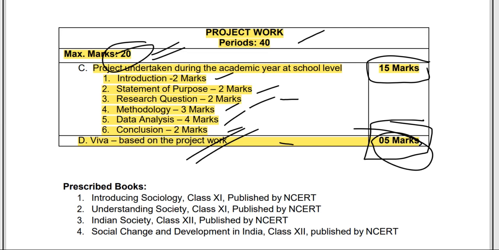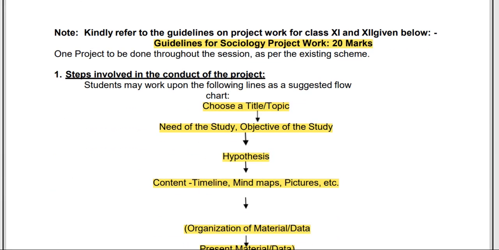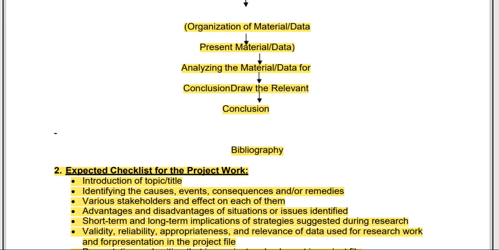Okay, so moving forward, scrolling this PDF down, here we have the guidelines for making the project work. 20 marks as I told you. Now, first step, choose a title or a topic. Then you have to mention the need of study or the objective of your study. Next, hypothesis. Then content, which should contain timeline, mind maps, pictures, etc. It's based upon your creativity, how you want to present your file.